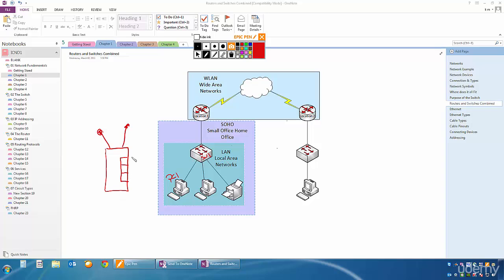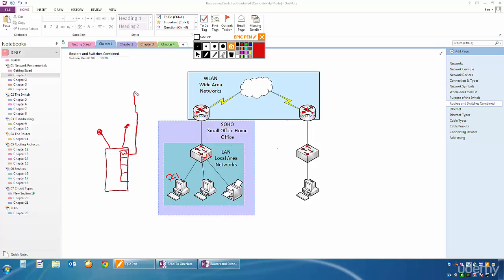And that's pretty much it. You're going to have the cable, and you're also going to have this WAN port. We call that the WAN, W-A-N. Okay, and that plugs into whoever's providing you your connection.